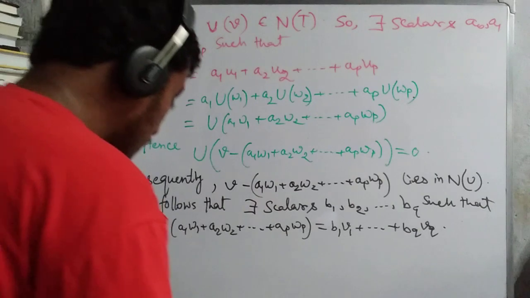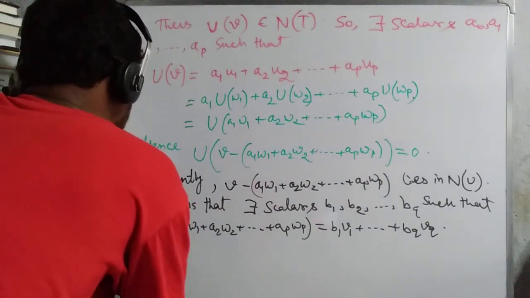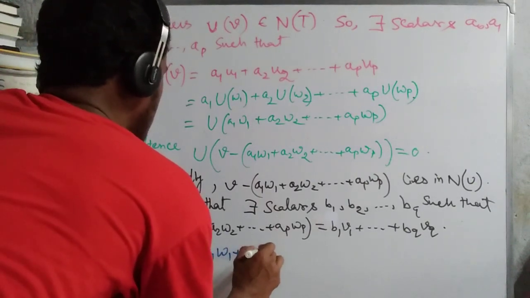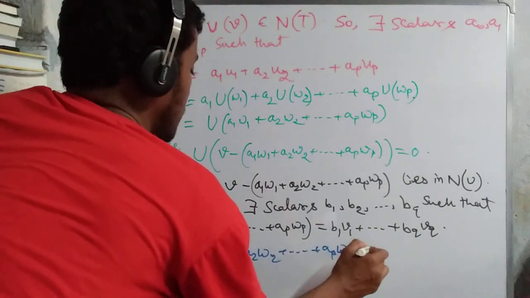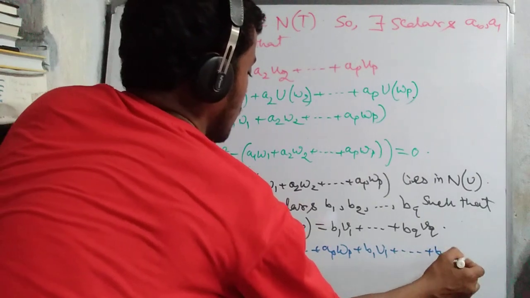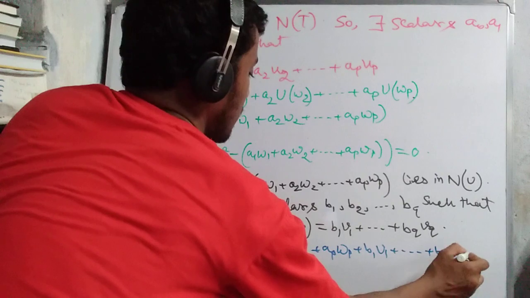Then this implies that v equals a1 w1 plus a2 w2 plus ... plus ap wp plus b1 v1 plus ... plus bq vq. Not a problem at all.